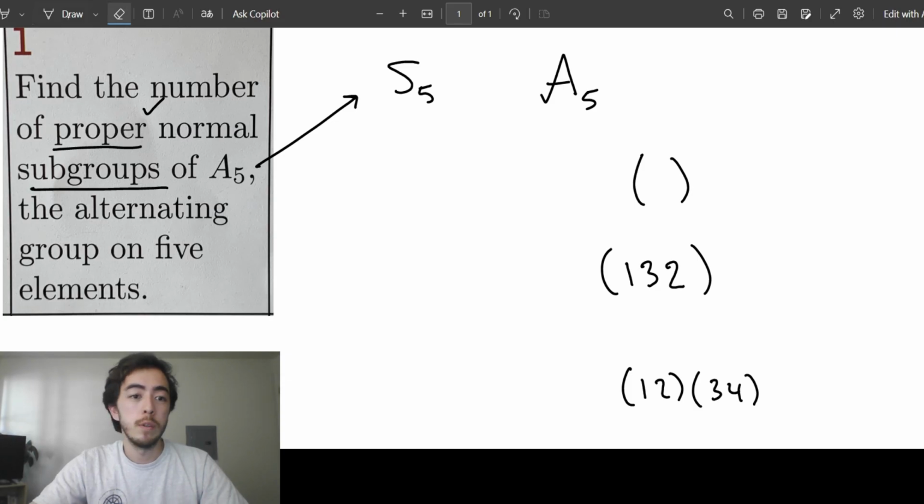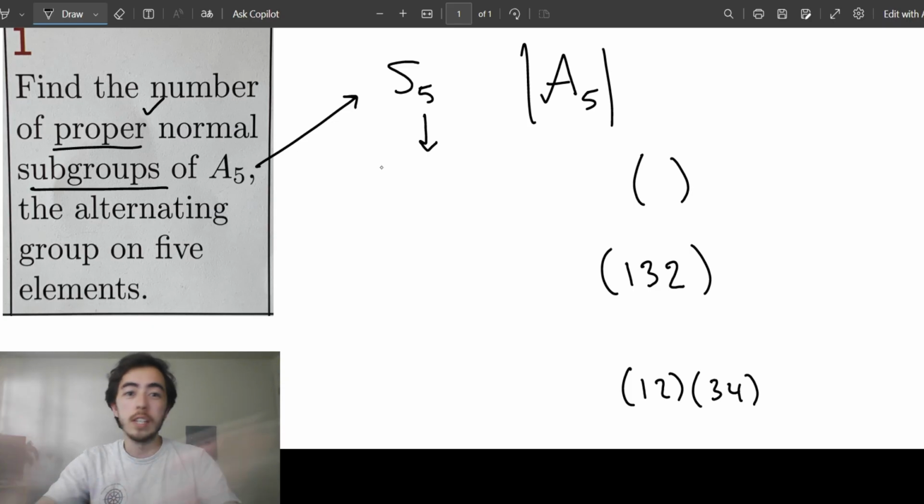I think it would be valuable to know the cardinality of A5. And the quick way to do it is actually to learn the cardinality of the symmetric group on 5 elements. Essentially, this is just asking how many different ways can you scramble 5 things. Each different scrambling is another element of the set. And so the question of how many ways can you rearrange 5 objects is exactly 5 factorial.